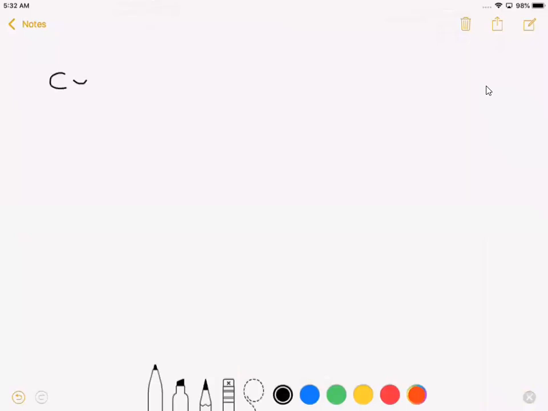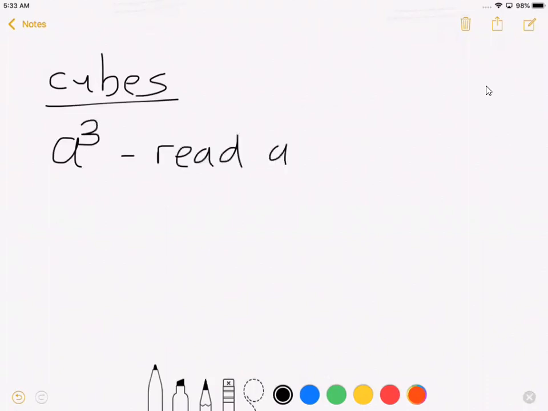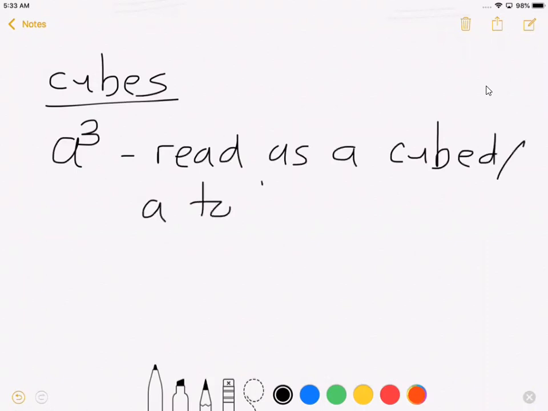Cube. How do you write a cube? You will say a cubed. You read this as a cubed, or a to the power of 3.